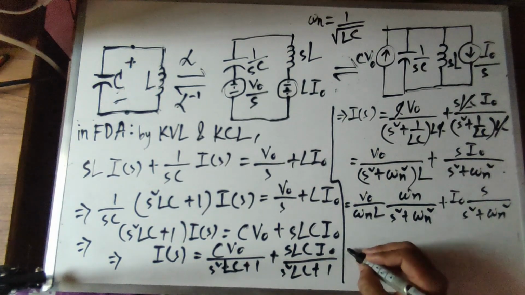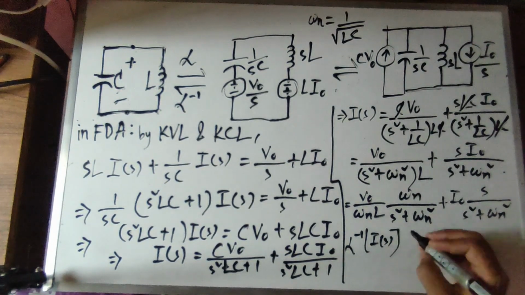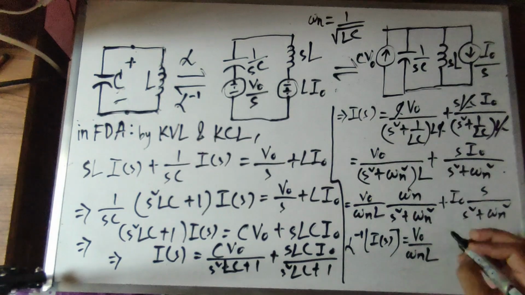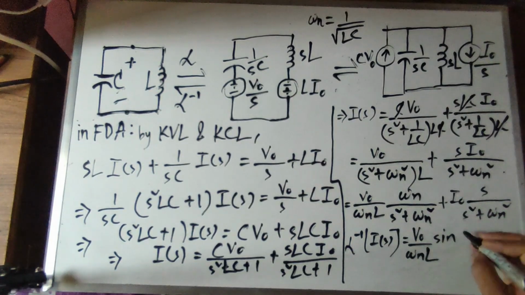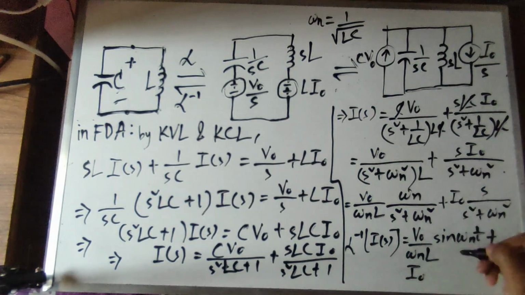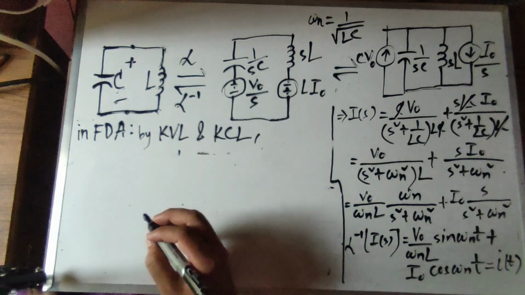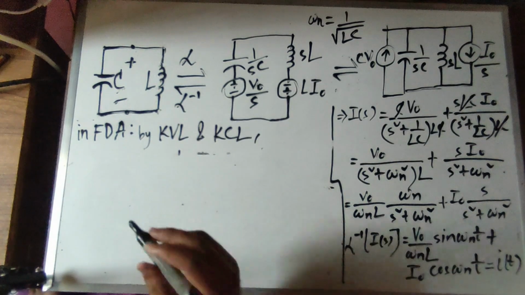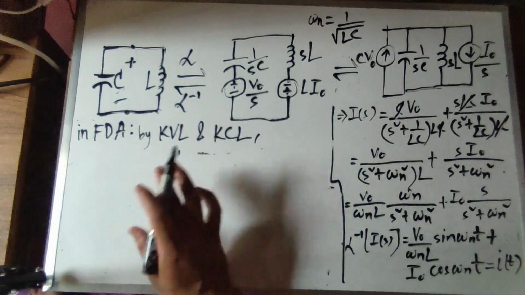Now we are going to do the inverse Laplace here. I(t) equals V0 by omega n L, this is obviously sine omega n t, plus I0, this is cos omega n t. Thus far we have solved the current response of the LC circuit in the frequency domain using KVL.